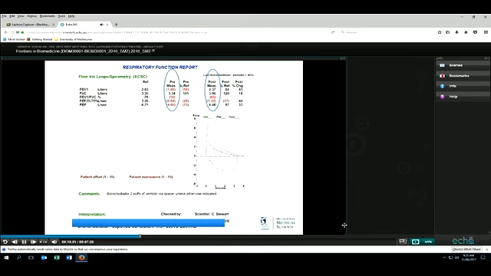So the biggest thing is that we've got both a pre-bronchodilator test as well as a post-bronchodilator test. And we can see that from pre-bronchodilator, where there was significant airflow obstruction, following bronchodilator administration, the FEV1 actually returns to normal.